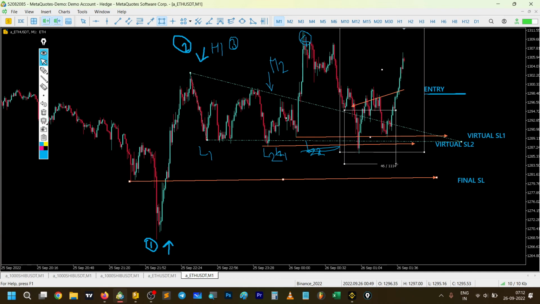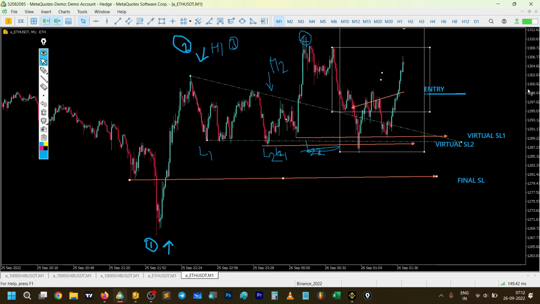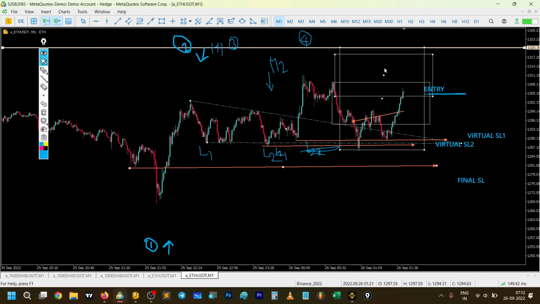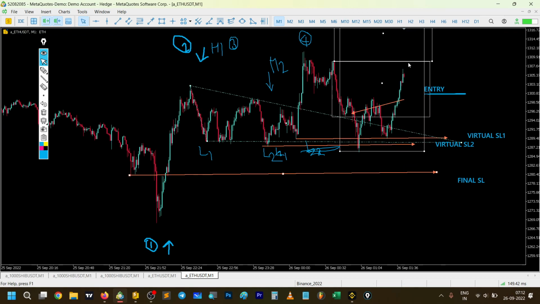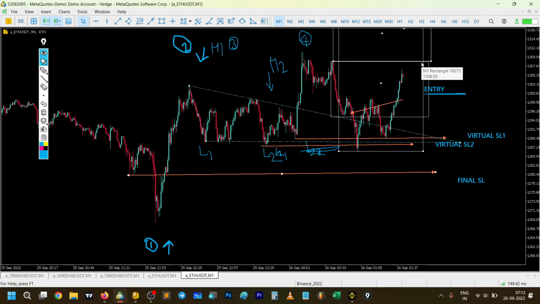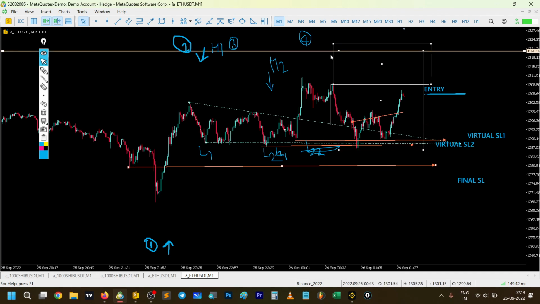Okay, so the risk is almost this one, and the reward is almost 1:1.8 maybe. But if you want to book 1:1, you can also exit here. It's completely up to you to decide where to, but I have told you where the target is. It should be here.